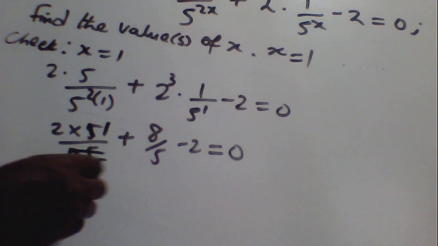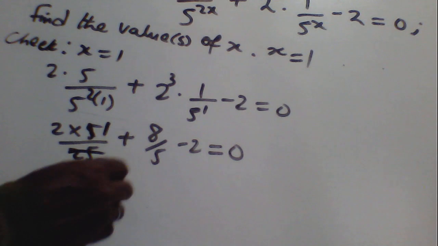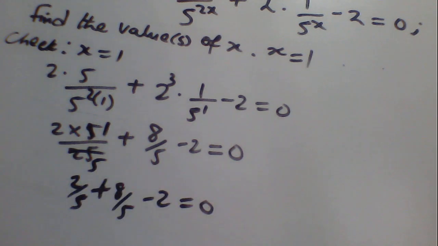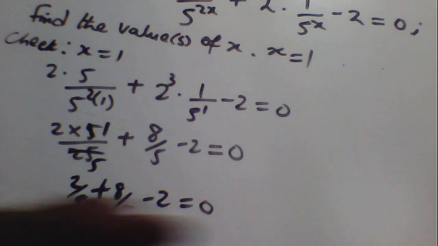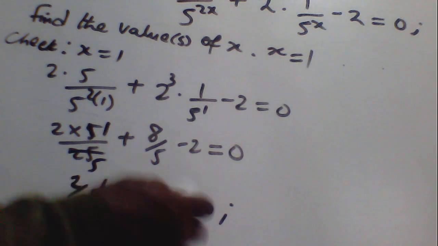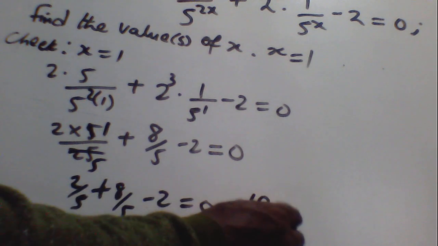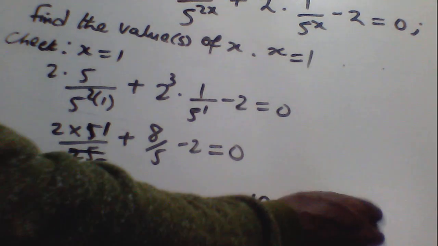So we have 2 over 5 plus 8 over 5 minus 2. The denominators are the same, so you add the numerators: 2 plus 8 gives 10, divided by 5, minus 2, is it equal to 0?